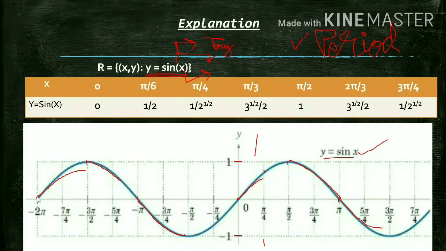Like for this function, it traces back its own path after this length from minus 2 pi to 0. Now what is this distance? Distance is always positive. So I go from 0 to 2 pi, that means after a 2 pi period, it traces its path again.